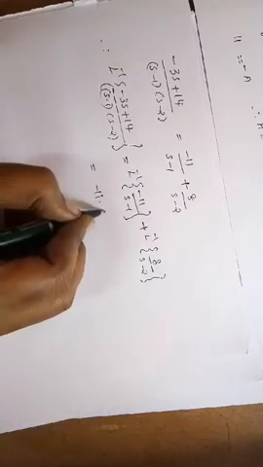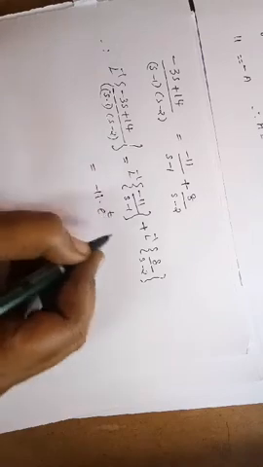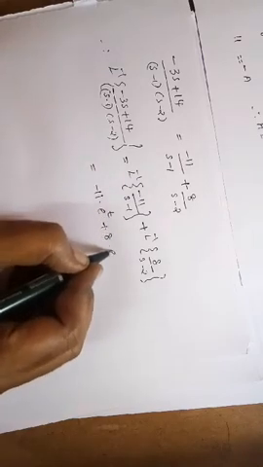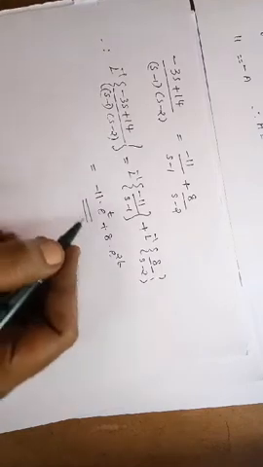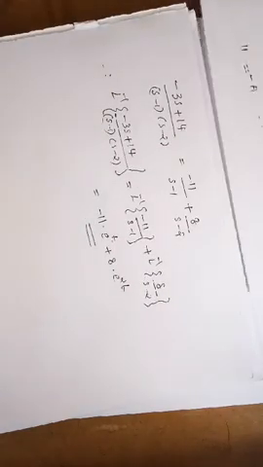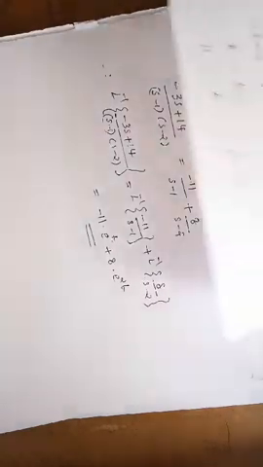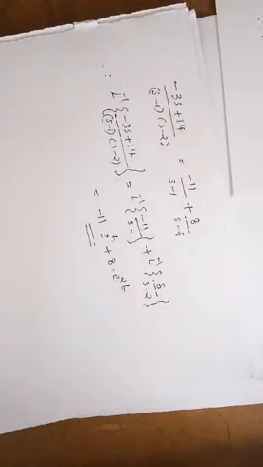That is minus 11 into e raised to t plus 8 into e raised to 2t. So we find the inverse Laplace transform of both the functions.